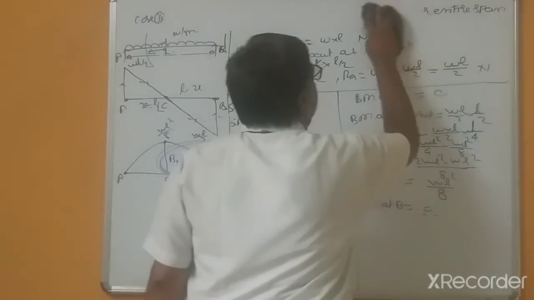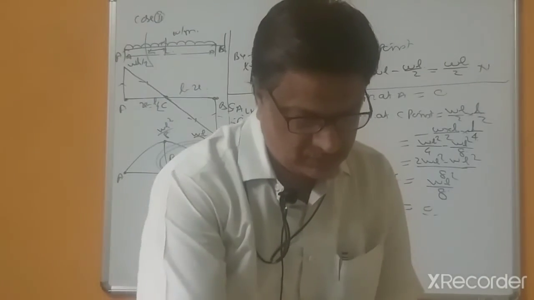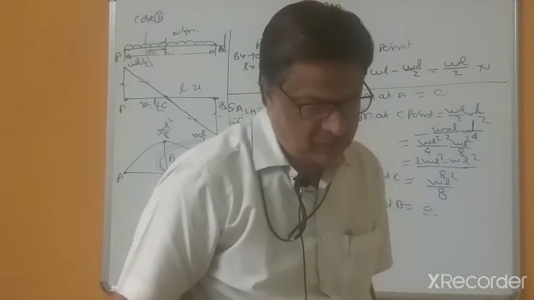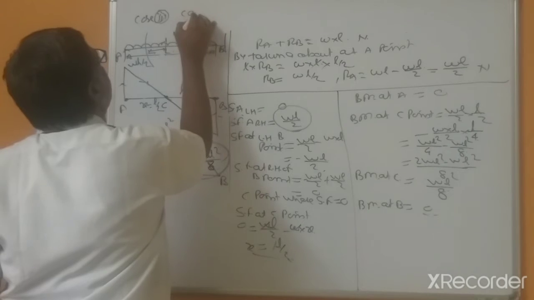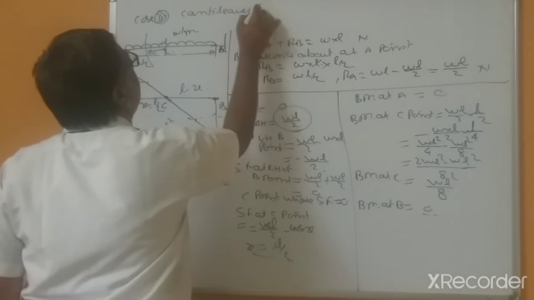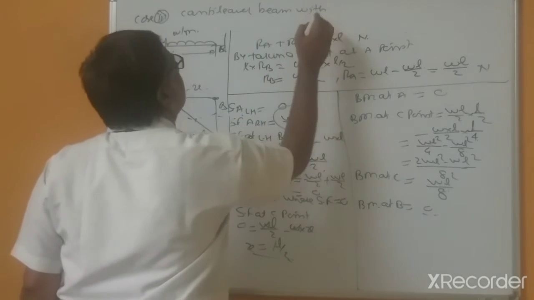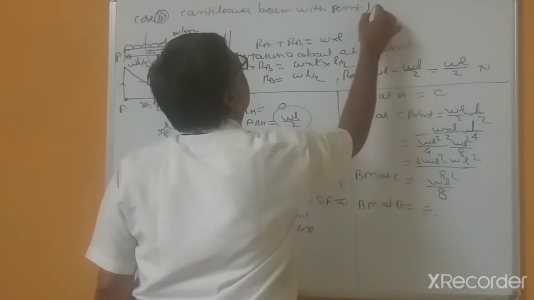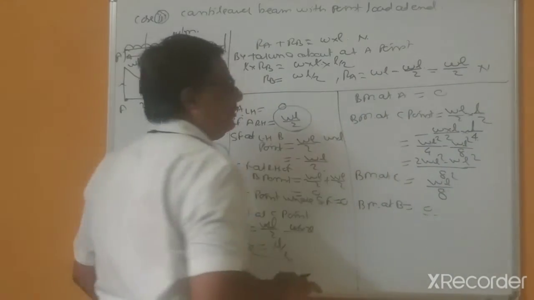Now third case: instead of the simply supported beam, now this beam is a cantilever beam with point load at the end.